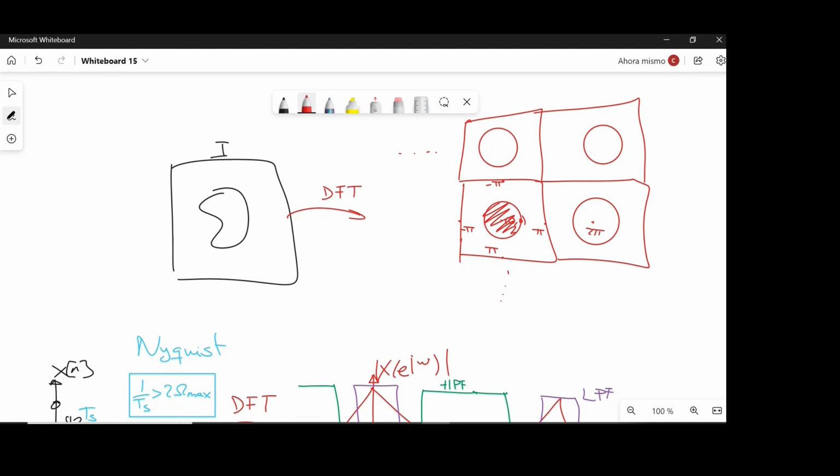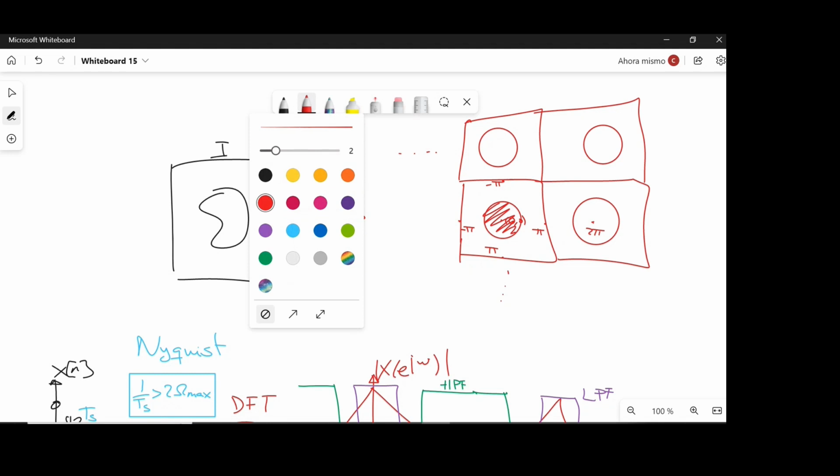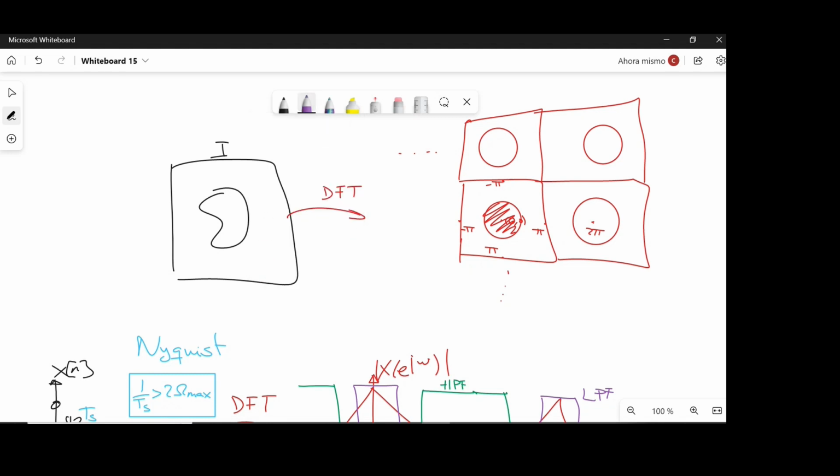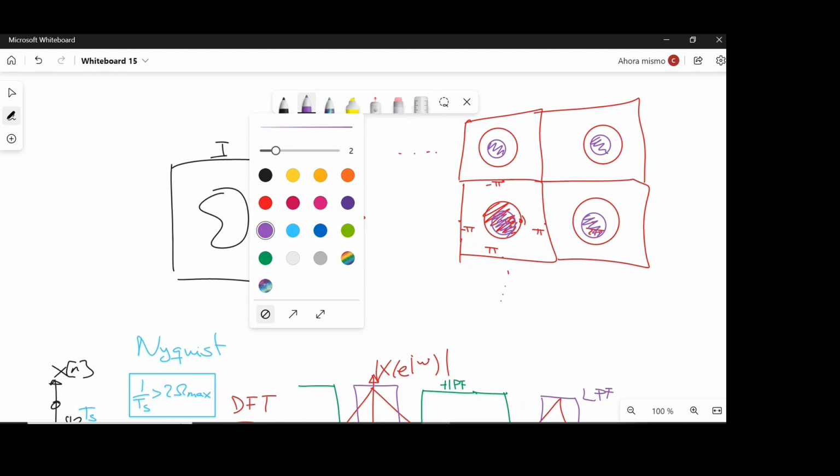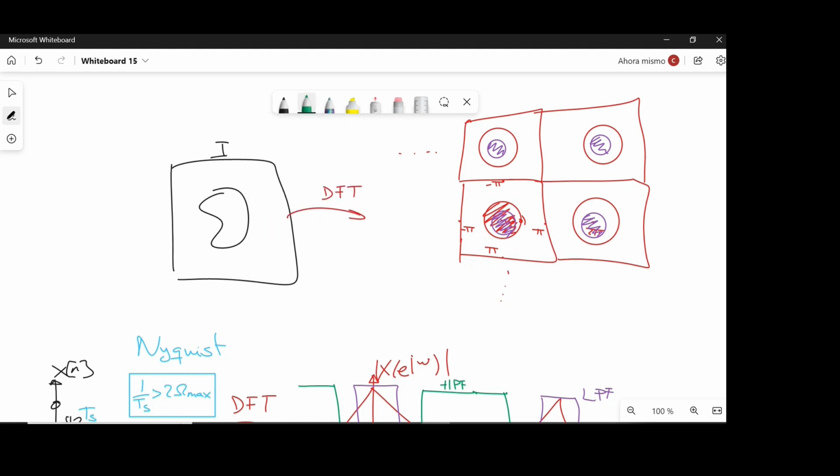Now, I can do low-pass filters. My low-pass filter was here, and I would be selecting all these regions in Fourier space. Let's fill it. Okay, this is my low-pass filter. My high-pass filter was green, so for my high-pass filter, I was selecting a frequency, and then I was choosing all these areas.